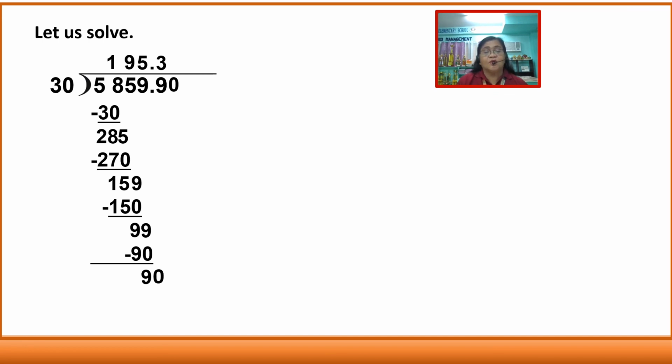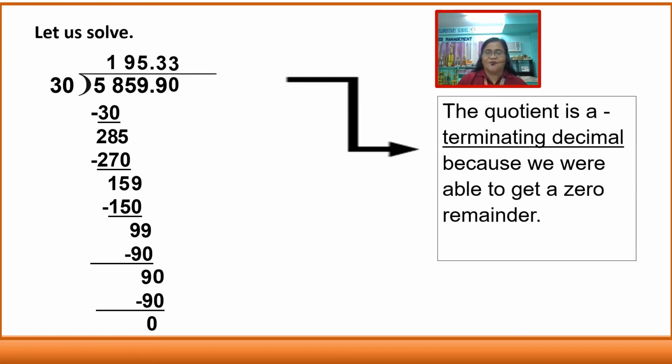So, add 0, bring down 0. 90 divided by 30 is equal to 3. 3 times 30 is equal to 90. 90 minus 90 is equal to 0. So what kind of decimal quotient do we have? Correct. We have a terminating decimal quotient because we were able to get a zero remainder.